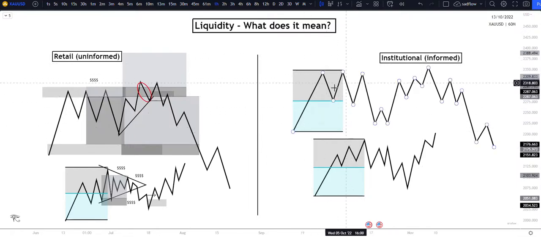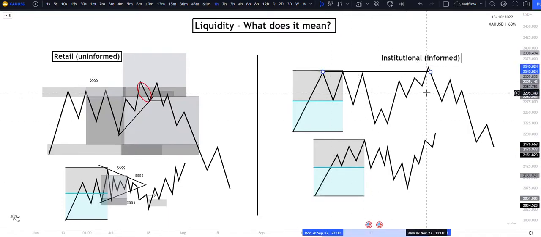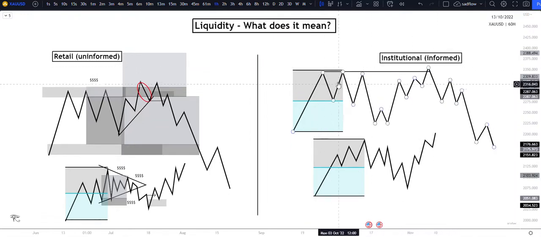But from an institutional perspective, notice how we maintain premium most of the time on this scheme right here, meaning it's expensive most of the time. And once we have that first move down, this gets everybody into shorts, the early shorts. And then once those early shorts are taken out, it opens up liquidity into the market. It's also in premium still.